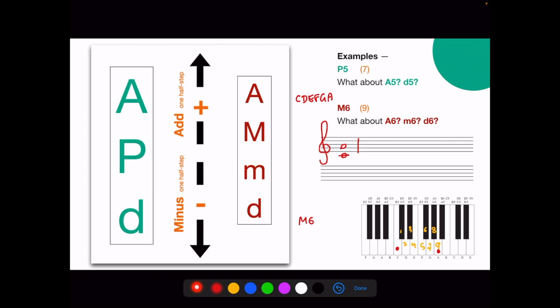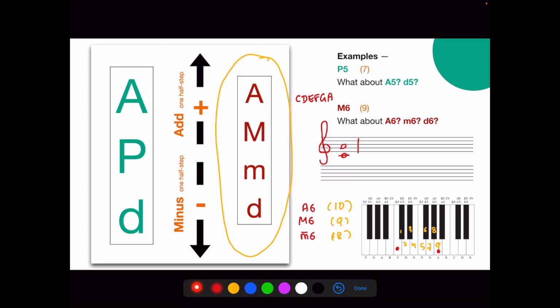So let's write this separately here. Major 6 has 9 half steps. And now look at this part. If we add a half step, it's going to be augmented 6. Augmented 6 would be 10 half steps. For major 6, if we reduce it by 1 half step, which would now become 8 half steps, this would be a minor 6. And I'll put this little bar on top just so that visually it's clear.